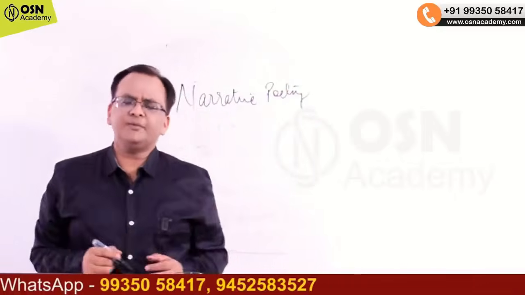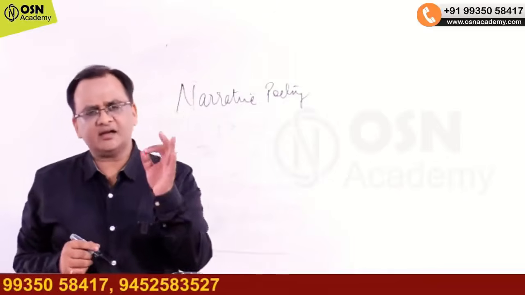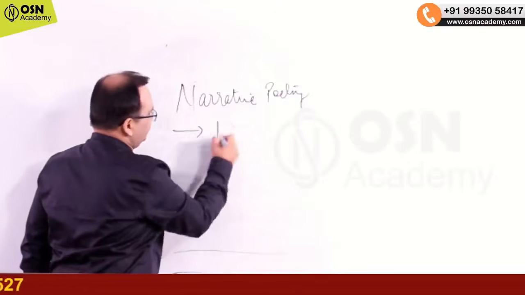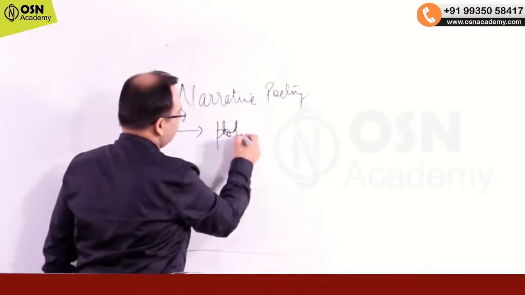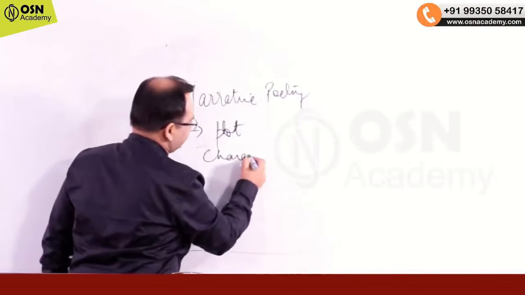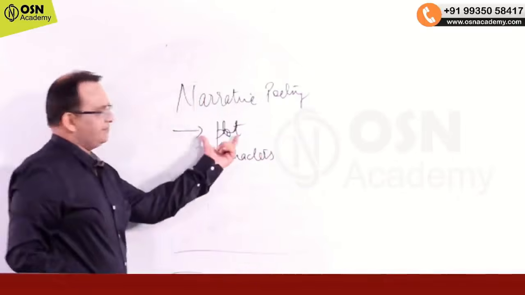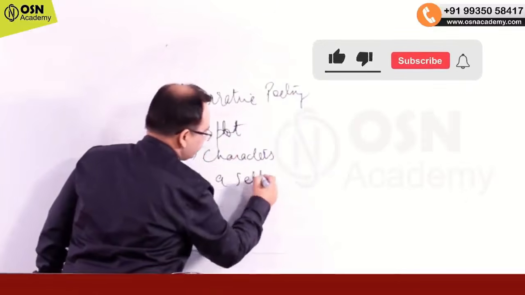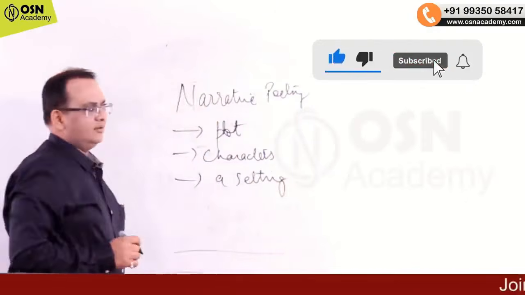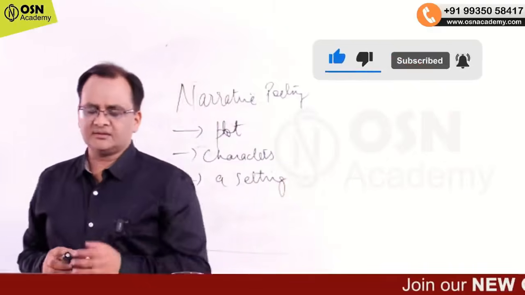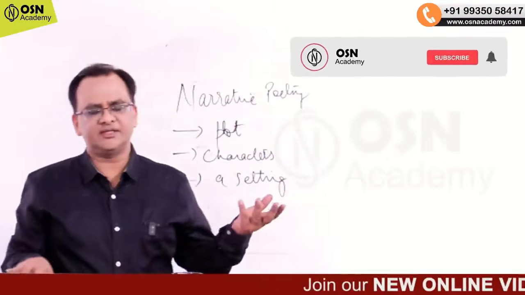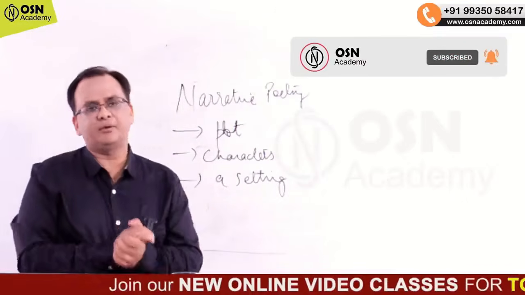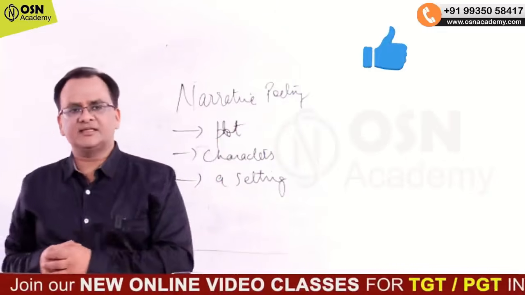See, narrative poetry में क्या होता है कि इसमें एक ऐसी कहानी होती है, it has a story with a plot, with characters. It has a plot, it has characters, and it has a setting. Always remember, whenever you are asked, student, tell me what is narrative poetry, you can immediately say that narrative poetry is that poetry which has a story with a plot, with the characters, and with a setting.